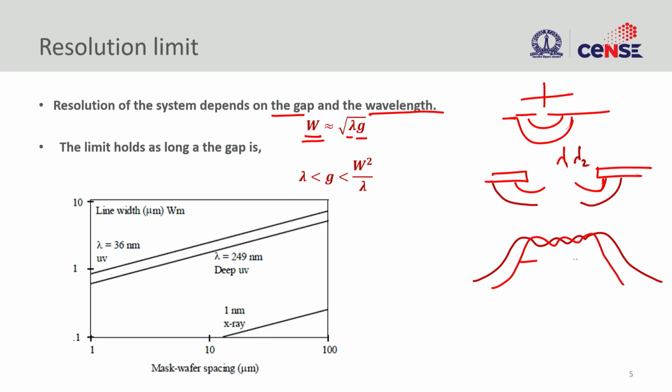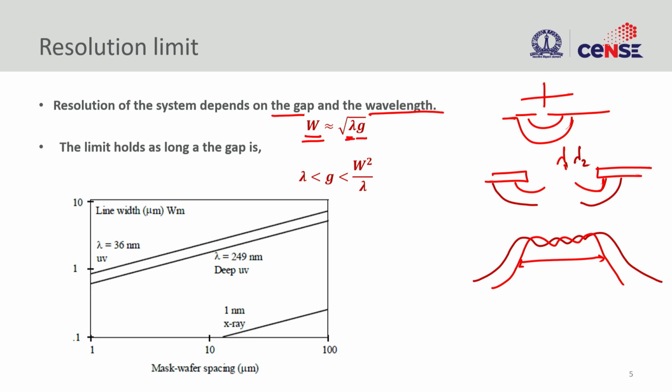So, if you measure the width, definitely the wavelength that is lower will always yield a highly refined image, a smaller dimension compared to an illumination with a larger wavelength. So, that is very important to understand while choosing the right wavelength for your structure.